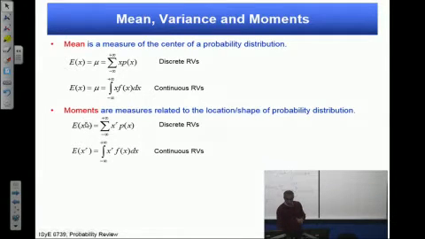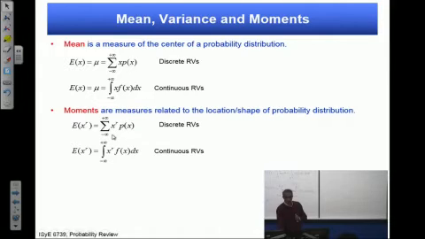Depending on which moment you are interested in calculating, we change r. The first moment is the mean. The second moment is related to variance. The third moment is related to skewness, and the fourth moment to kurtosis.